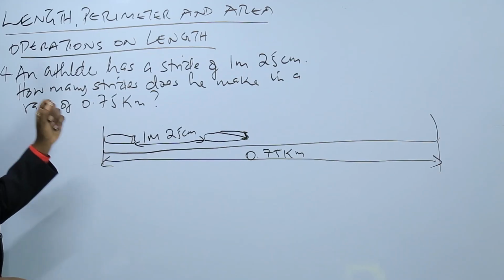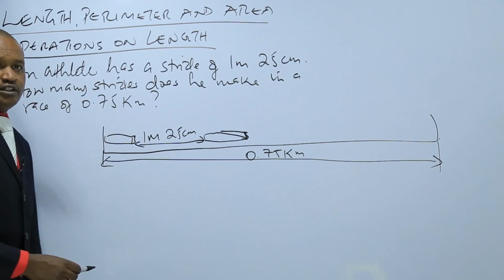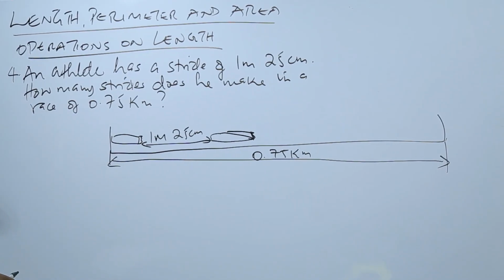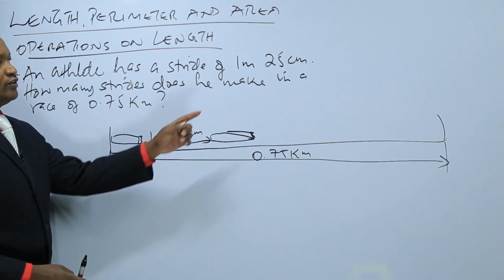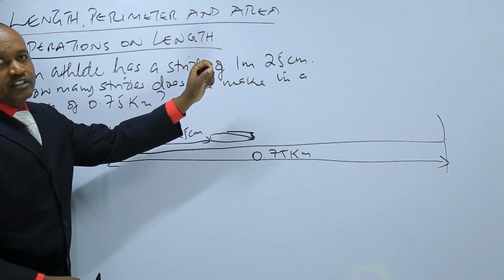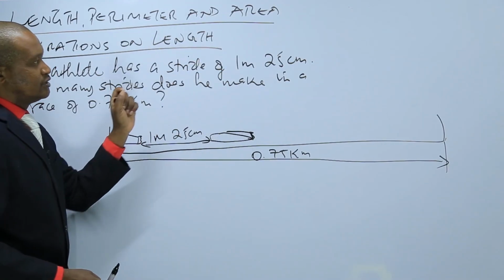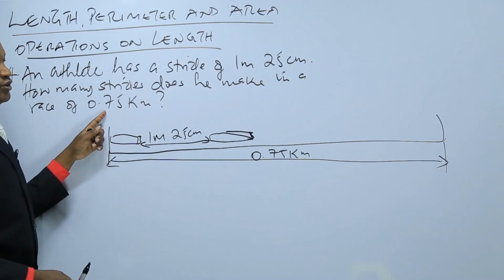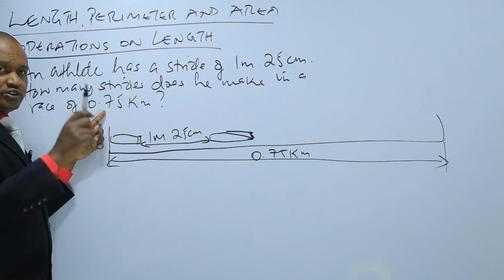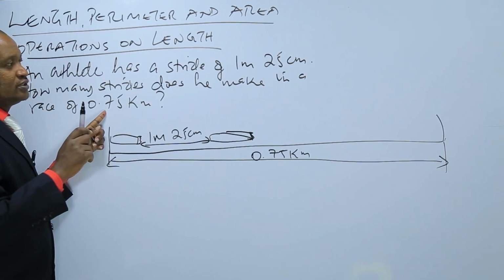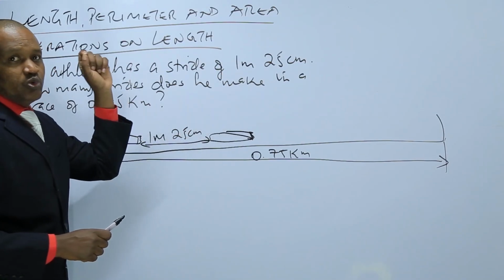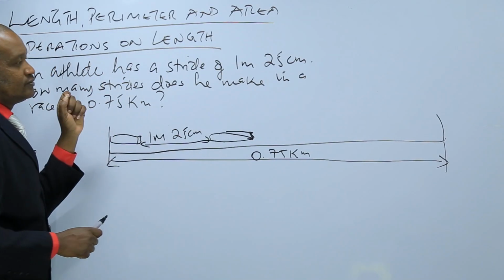How many strides? So first of all, learners, as I've just said earlier, when you are solving a problem where you have been given different measures of length, in this case meters, centimeters, and kilometers, the first thing to do is to convert the measures into one unit.